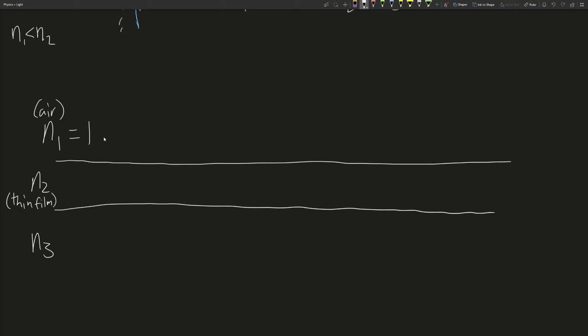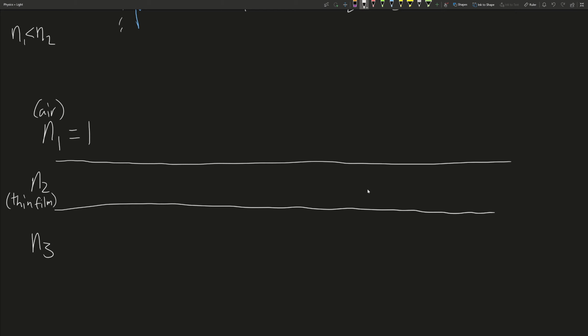So there's a thin film of material with refractive index n2 separating n1 and n3. So you can think of this as like a bubble where n1 here is air, and this here is air, and then this n2 film is going to be like the surface of the bubble. Or you can think of this as like oil on water, where n1 is air, n3 is water, and n2 is a thin layer of oil on the water.